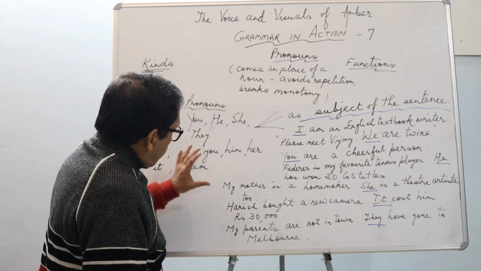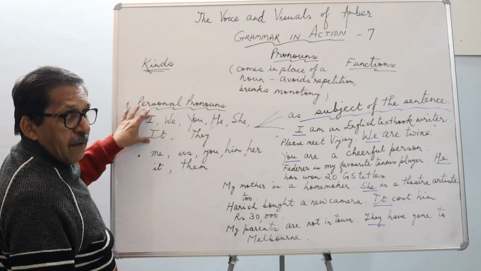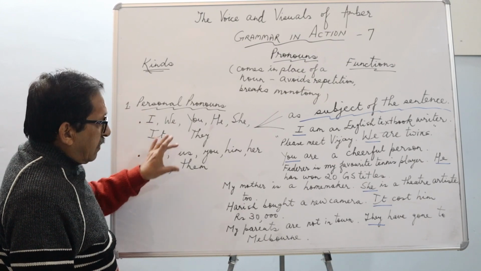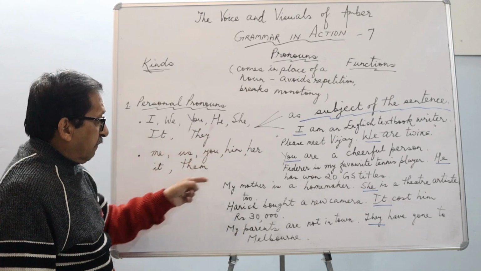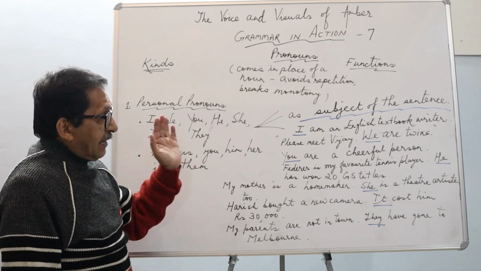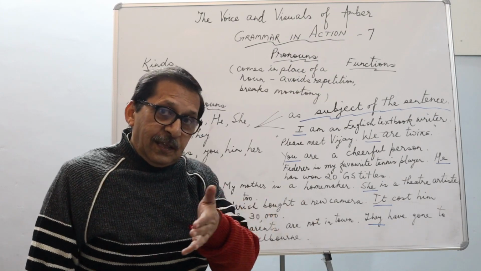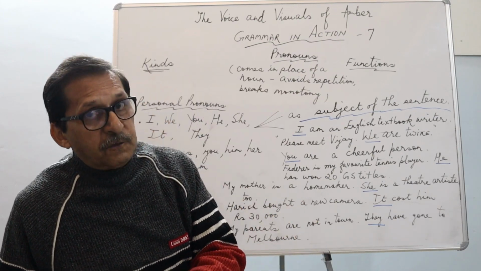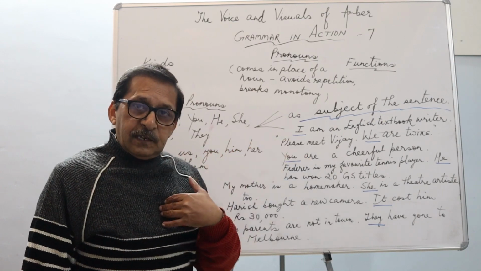But then the function performed by this set of personal pronouns is different from the role played by this set of personal pronouns. So let's see the first function of the pronoun, which again is the same as the first function of a noun.